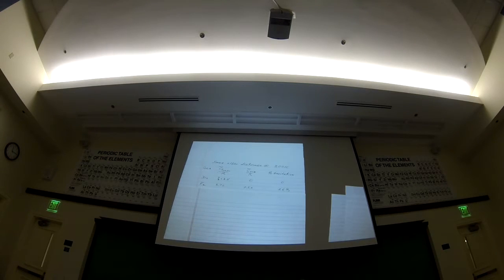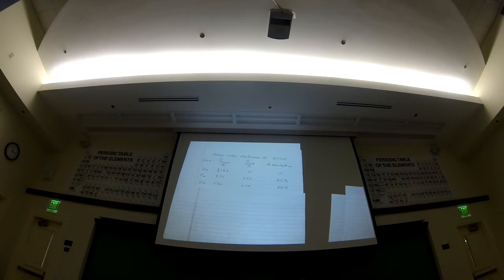Fluorine is a diatomic molecule that has somewhat more mass than the hydrogen atoms and not quite as strong a bond. So we get about 26% of the full classical value of vibrational excitation.